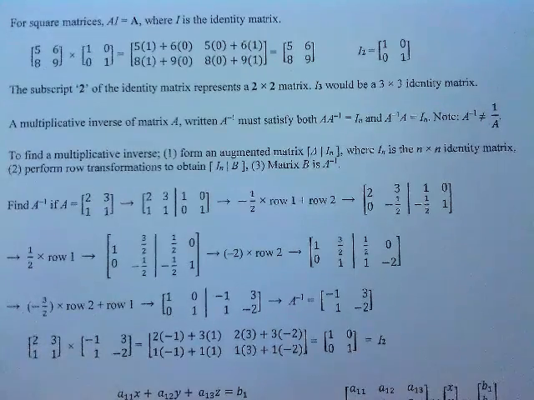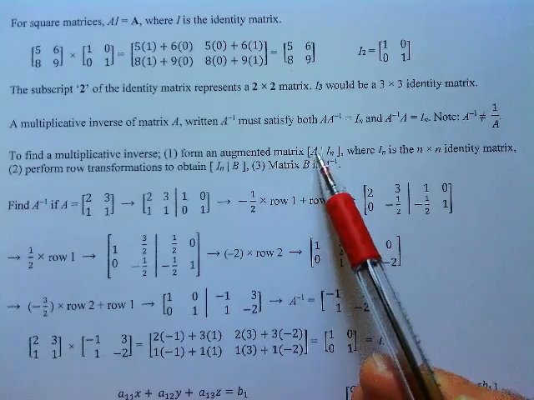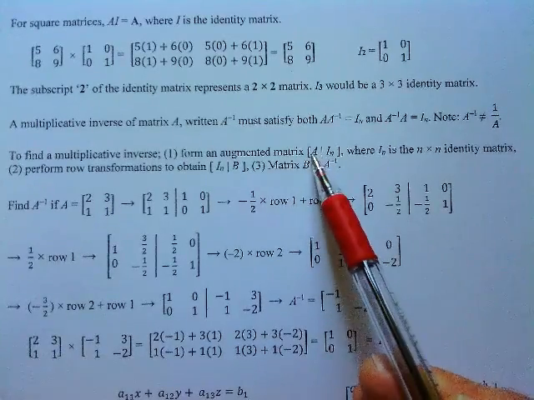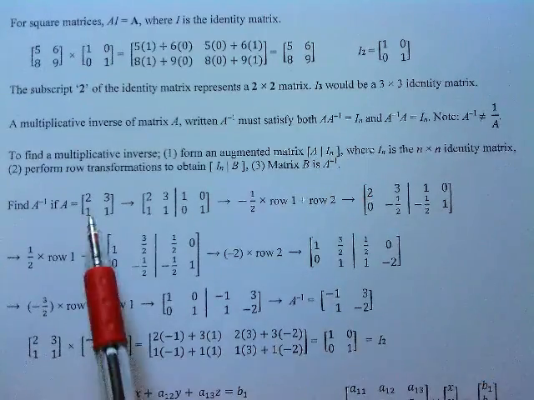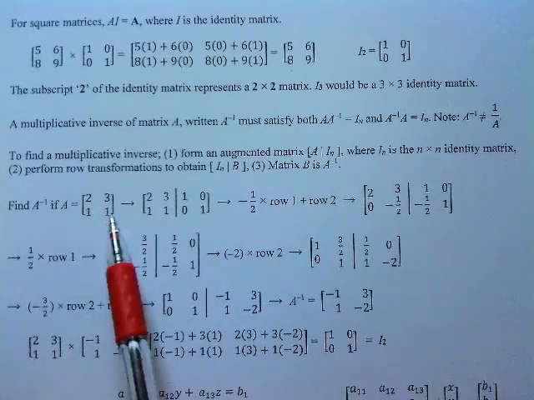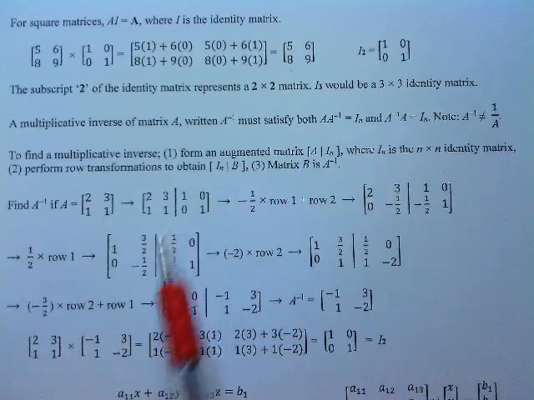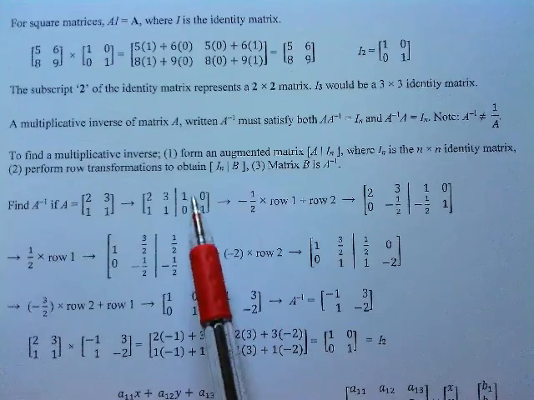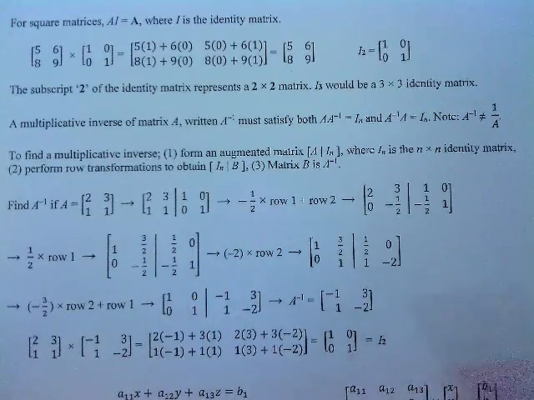Now, there is a process to find the multiplicative inverse, which is similar to solving equations that we did before. We're going to have our first matrix inside the brackets, a line, and then the identity matrix. So, for example, here we've got 2, 3, 1, 1. That's our matrix. We draw a line, and on the other side of that, we have our matching identity matrix, matching in the sense of the same size.